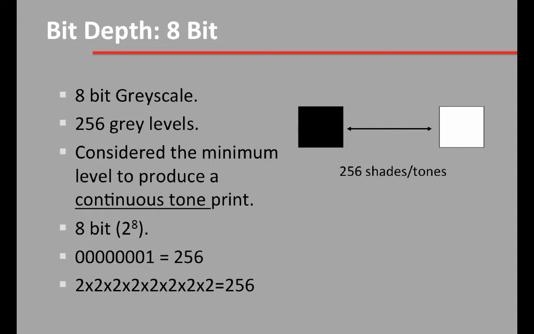You remember when we look at the histogram, we had a 0, which was black, 255, which was white, and then we had all those variations in between. Well, that's actually 256 different shades because 0 is actually a value. So when you include 0 as a value and go up to 255, that actually equals 256 different values or different shades of grey or colour.